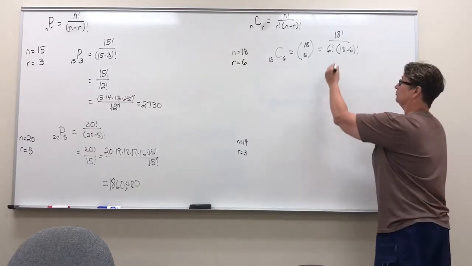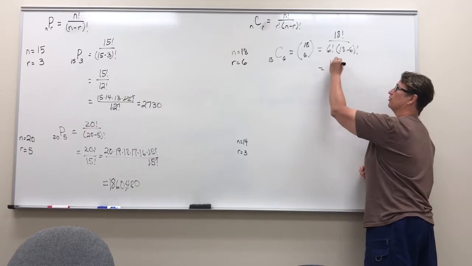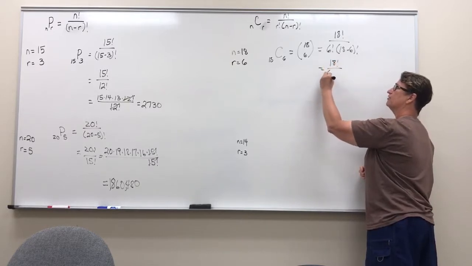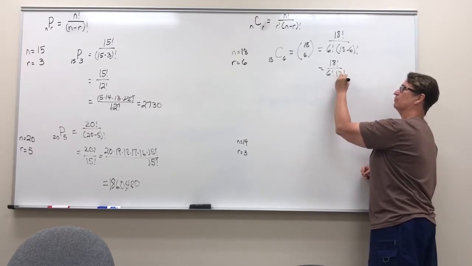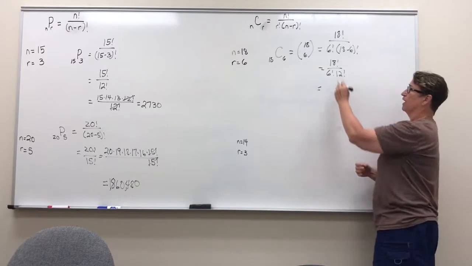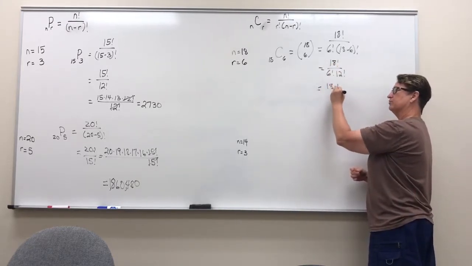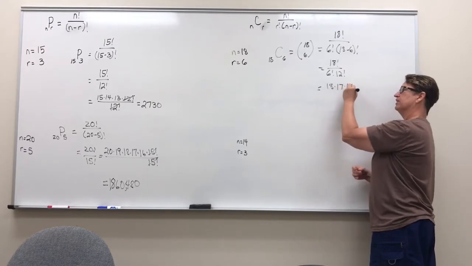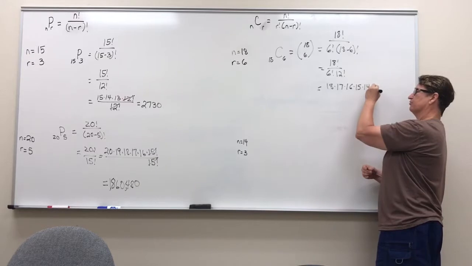Now, I'm just going to do inside the parentheses first. Now it's just a matter of doing the arithmetic. So that I have 6 factorial, and inside of here I have 12 factorial. This is a little bit trickier than the ones before, but I'm still going to write this out the same way, where I do 18 times 17 times 16 times 15 times 14 times 13.